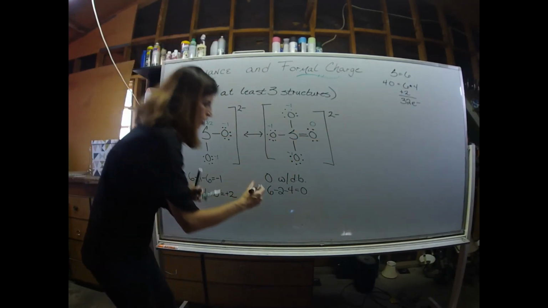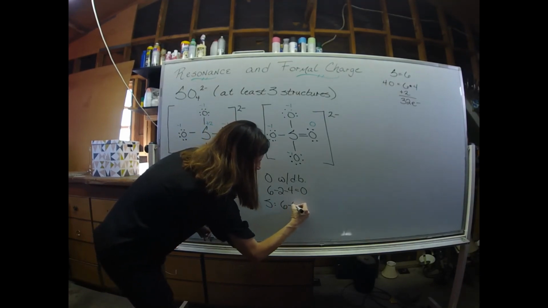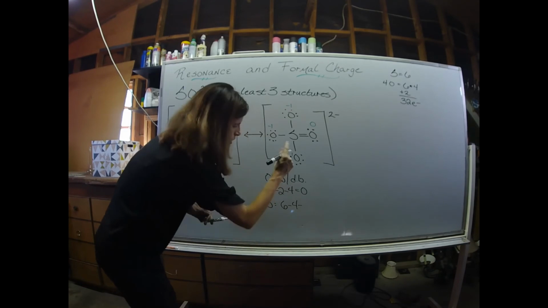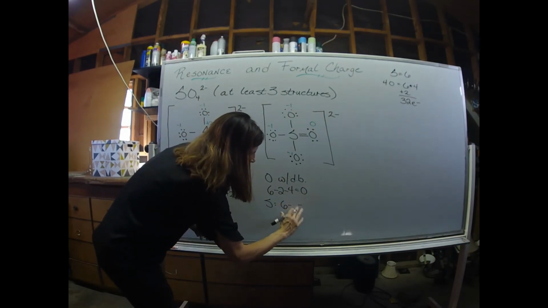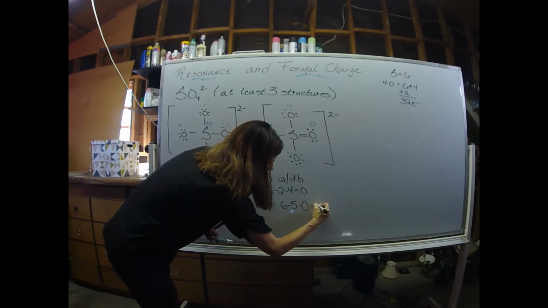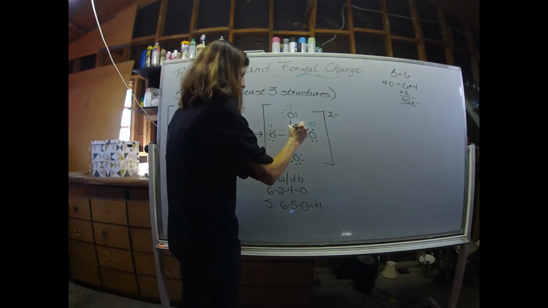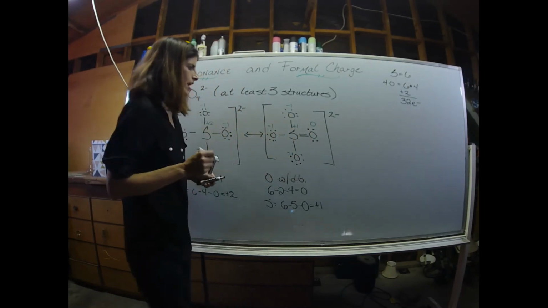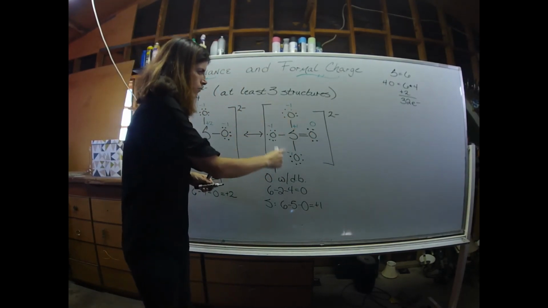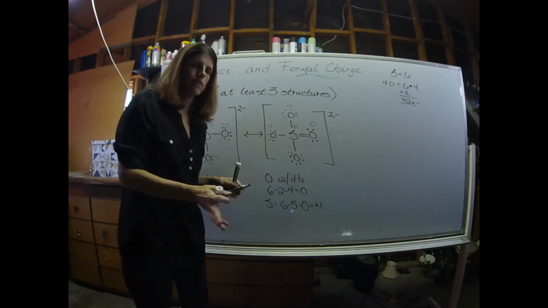Let's do sulfur. Group number of 6 minus 5 lines minus 0 dots. So we're looking at a formal charge of +1. Does this add up to -2? So we have -1, -1, -1. -3 plus 1 gives me the -2.